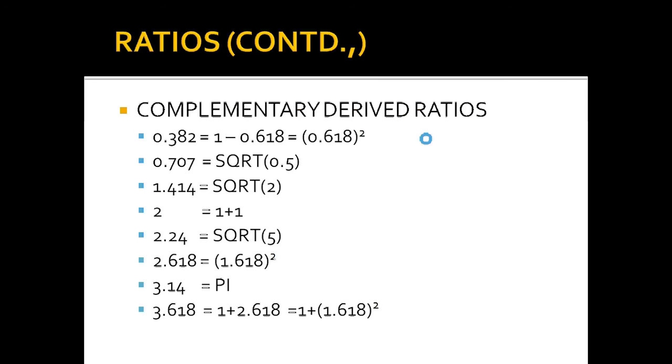Initially you may feel this is a mathematical kind of lecture, but trust me, price obeys mathematics, and mathematics is the universal language by which the universe speaks to us. If you can master these ratios and apply them in the market, you can find plenty of trade setups and better risk to reward setups. It's not that a ratio will succeed every time, but whenever it succeeds, it's going to make sure that you are profitable.